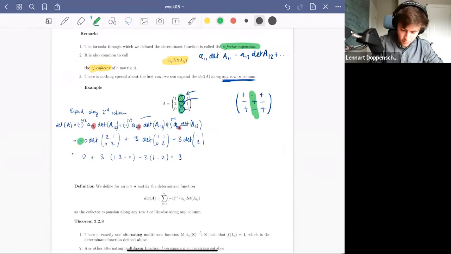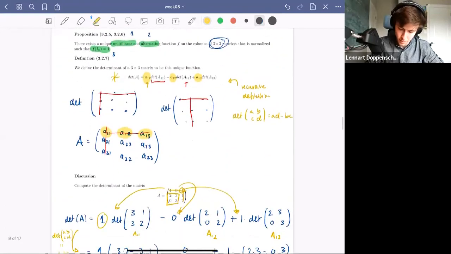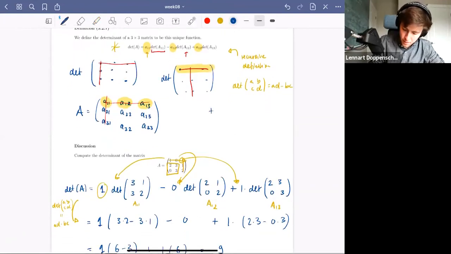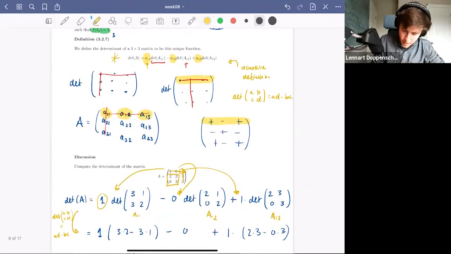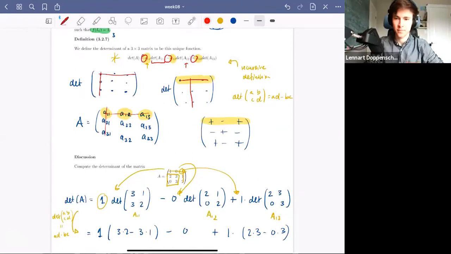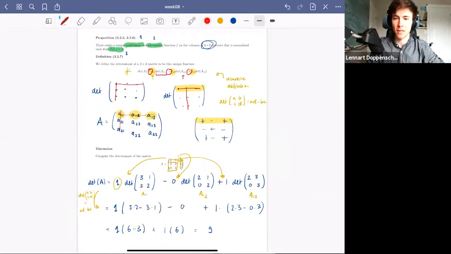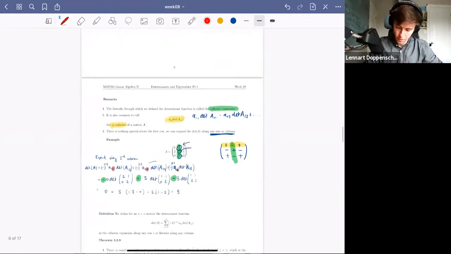And this is exactly what we found here, minus, plus, and minus. If, however, you expand along the first row, which we did in the definition above, then you have plus, minus, plus, which is exactly what we had here. So this grid of pluses and minuses is just a way that you can double check your work if you compute determinants.